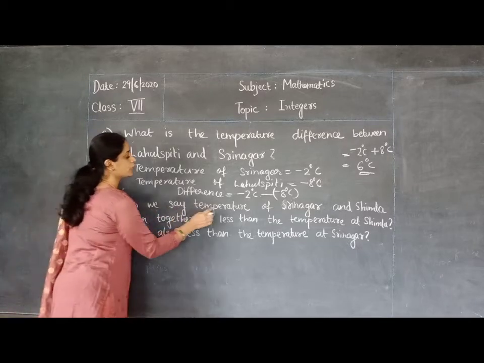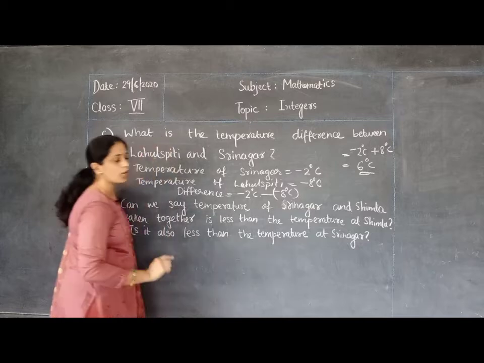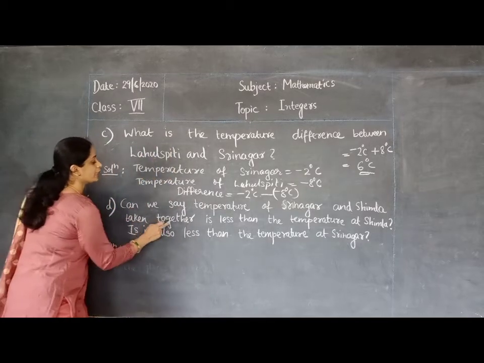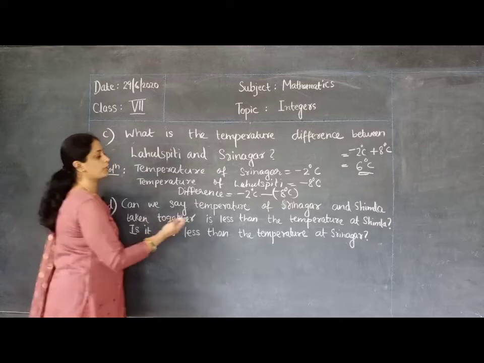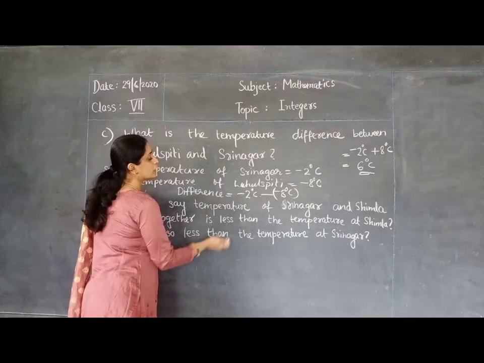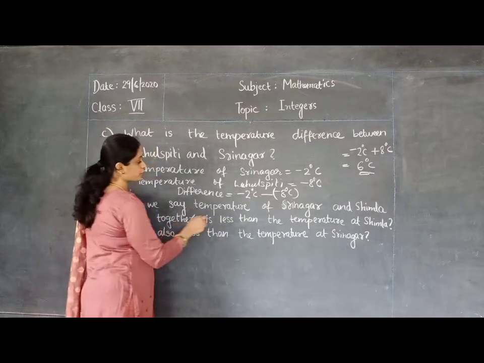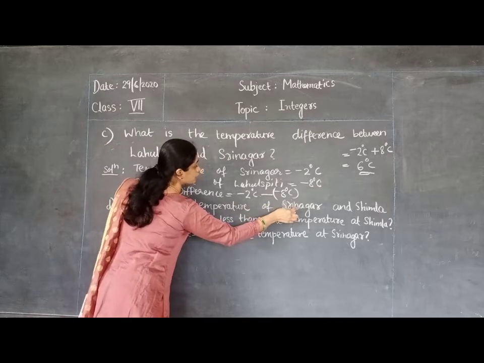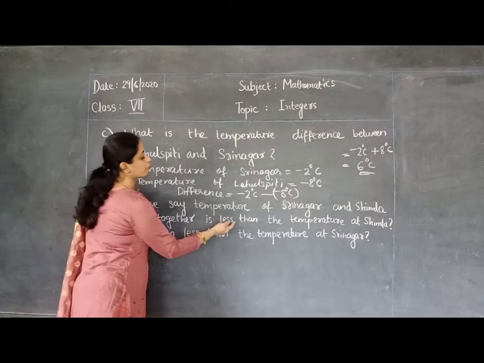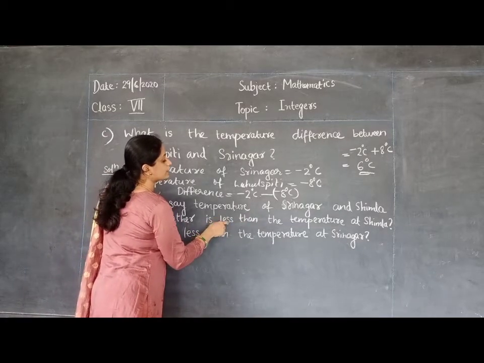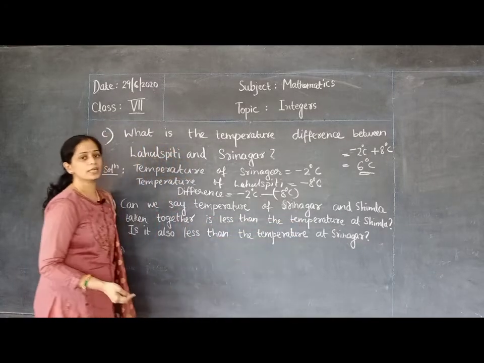Next one, question number D. Can we say temperature of Srinagar and Simla taken together is less than the temperature at Simla? So you have to compare the temperatures. First you have to add the temperature of Srinagar and Simla and then compare whether it is less or greater with the temperature at Simla.